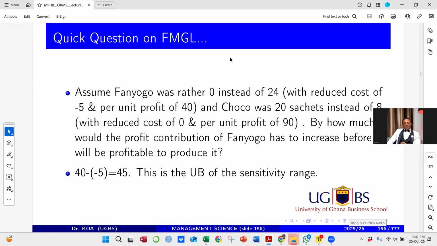In other words, the price needed, or the objective coefficient needed to produce it, is the upper bound of the sensitivity range.